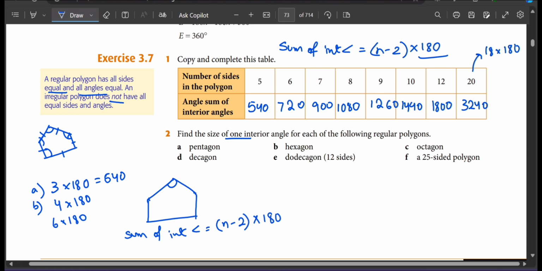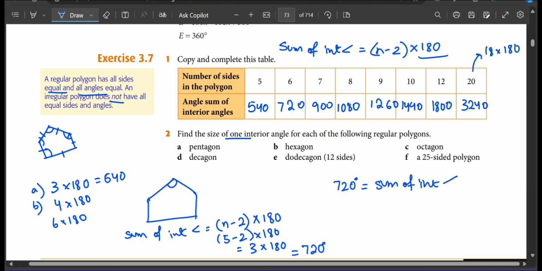That means it's going to be 5 minus 2 into 180, which is going to be 3 into 180, and we know that 3 into 180 is 720 degrees.